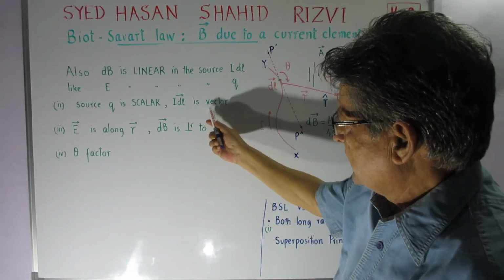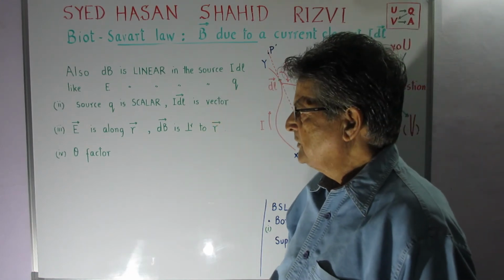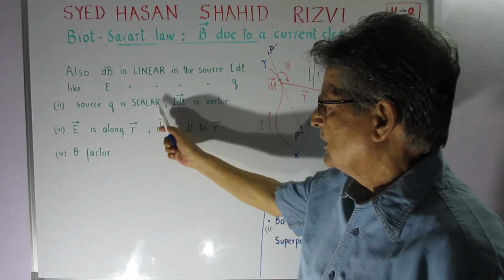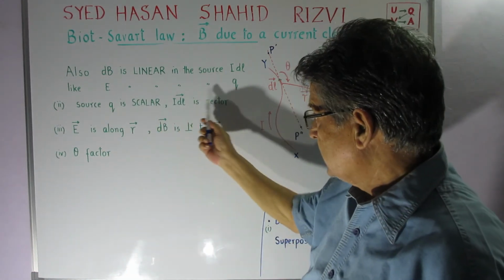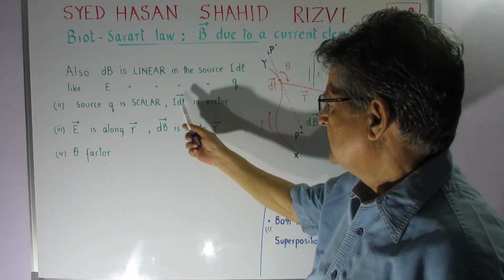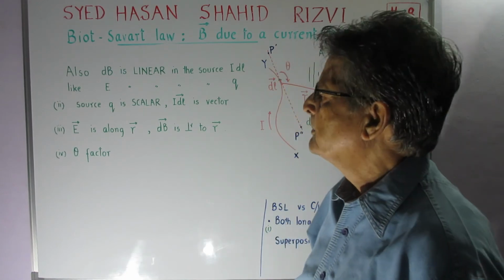Now there is a difference. The source q for the electric field is a scalar, whereas I dl is the source for the magnetic field, and that is a vector. This is the distinction between the two.